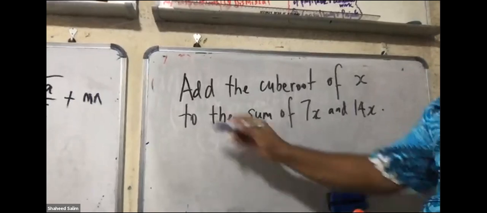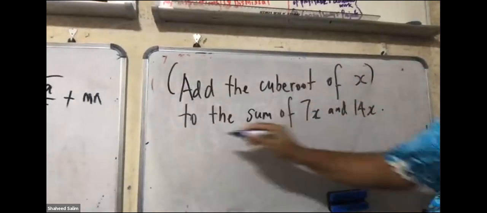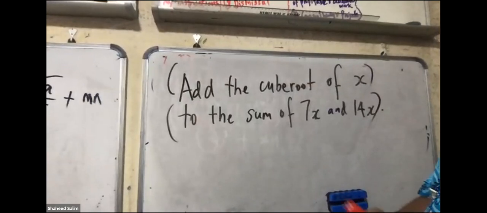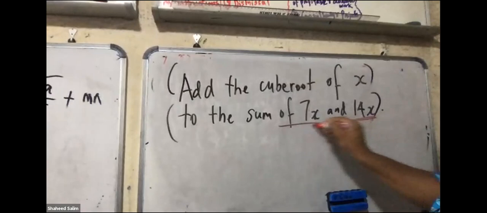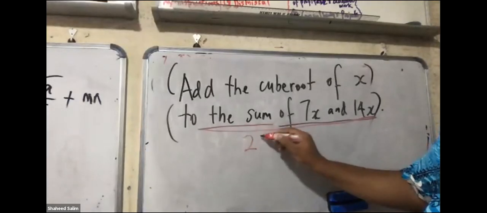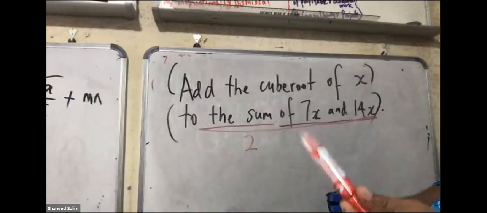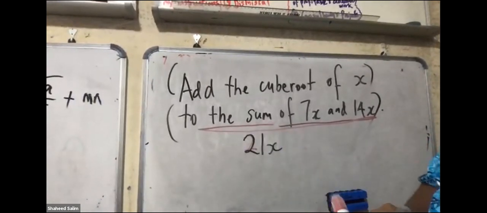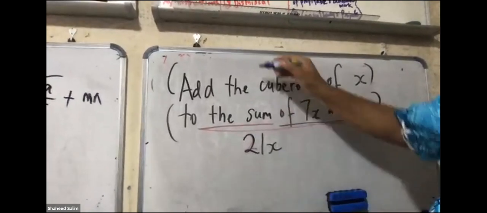Try to break it up. Okay, this is one part. This is another part. Which one is easy for you to do? You want to do the second part first? This one can do? What's your answer? 21x. Okay. I'll do the first part now down here.